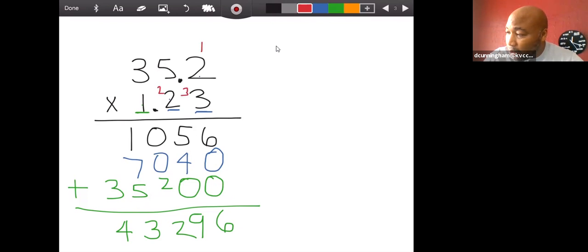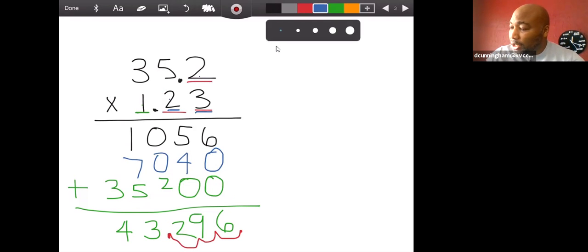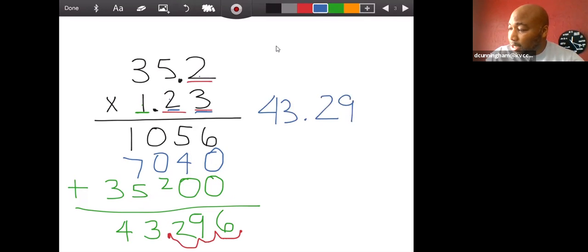So we have 3 numbers to the right of the decimal, which means in my final answer, I'm going to move my decimal, which is already here, 3 places. 1, 2, 3. And so my answer, let me write it clearly, will be this, and then we will circle this as an answer. Notice the decimal is between the 3 and the 2.